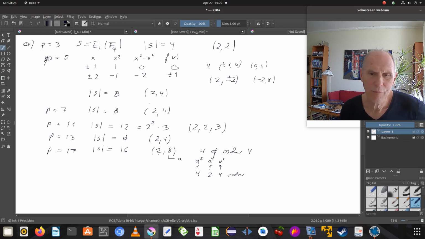If we call the element here of order 2 b, then we have a to the second, a squared b, a to the fourth, a4 b. This should be 6, of course.